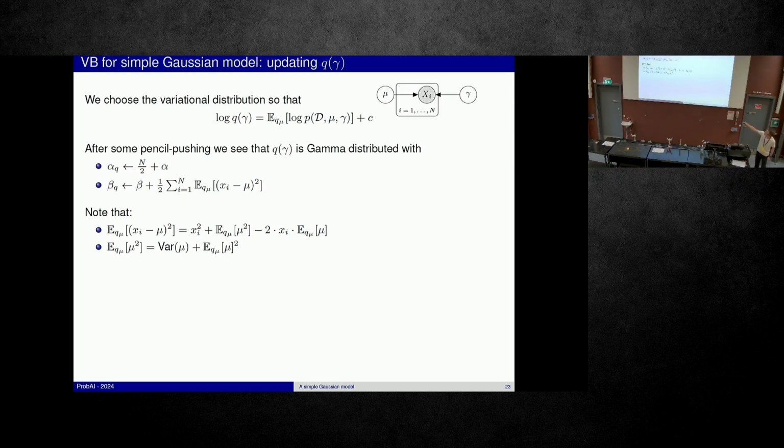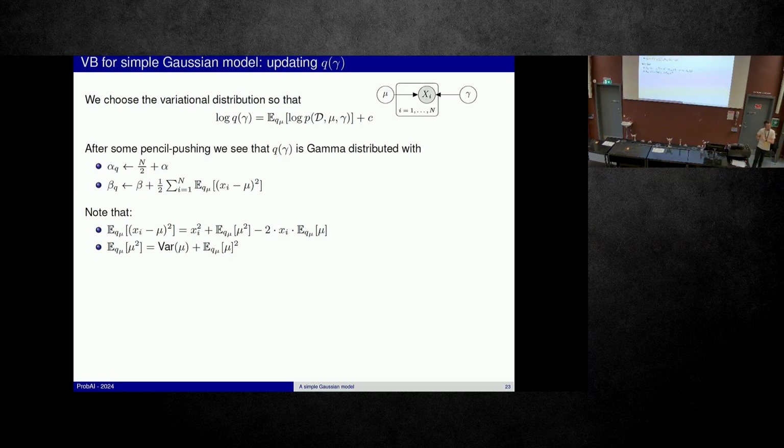And for calculating this part here, the beta part, we have a sum over an expectation over xi minus mu squared. How do we calculate that? Well, here are some quick steps. We can expand on the square here, get this expression xi squared, and then you have an expectation over mu squared, and then you have an expectation over mu. So this part here is just given from your variational posterior that we just calculated.